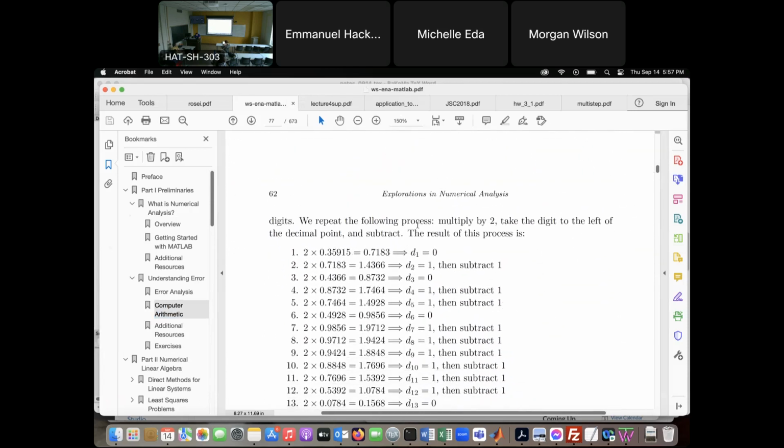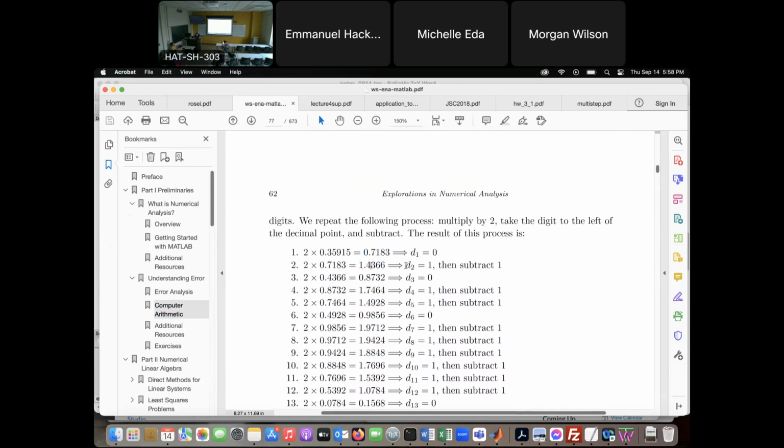So what I do is I take that number from subtracting it off, multiply by 2, and I get a number that is less than 1. The digit to the left of the decimal point is 0, so my next binary digit is 0. I have nothing to subtract off, because that is the digit of 0. So now I multiply by 2 again, and now I get something that is greater than 1.